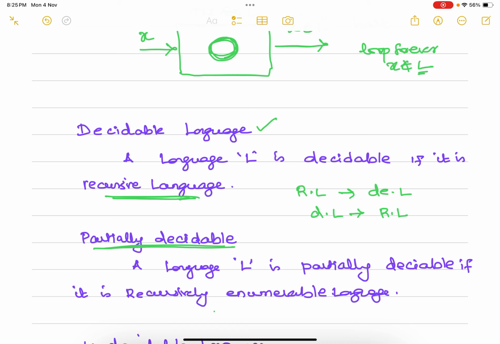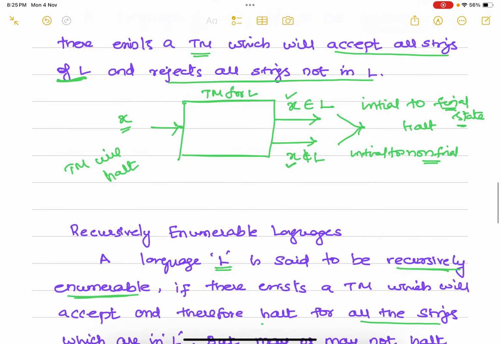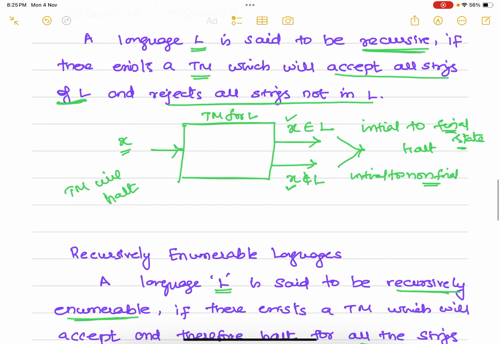Partially decidable languages are recursively enumerable languages.